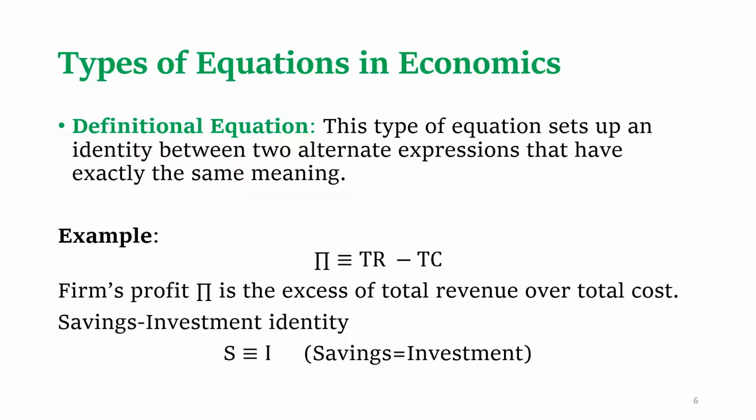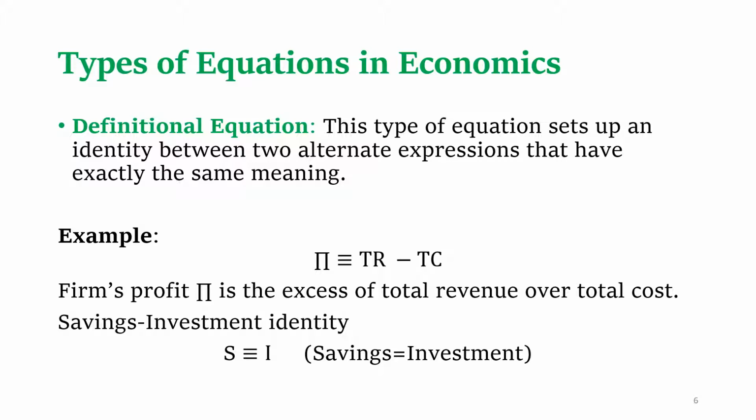We also have certain definitional equations. Definitional equations are sometimes represented as identities. If you look at the profit function, it is just the difference between total revenue and total cost.